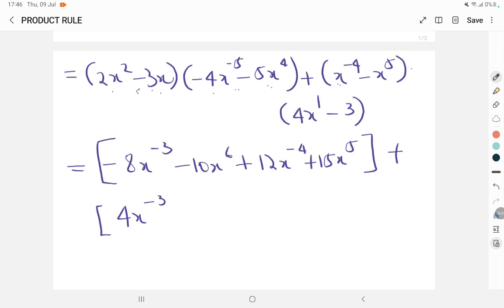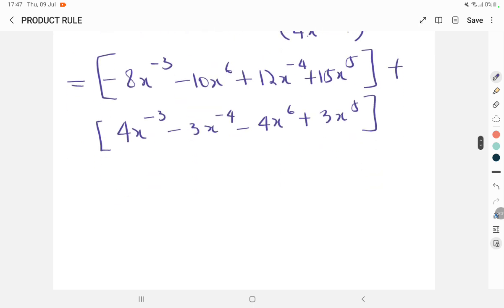Then we take this one, we multiply with this one, it's gonna give us -x to the power of -4, right? Then we take this one and multiply with this one, it's gonna give us -4x to the power of 6. Then we take this one, we multiply with 3, then it's gonna give us 3x to the power of 5. Then we close the bracket, right?